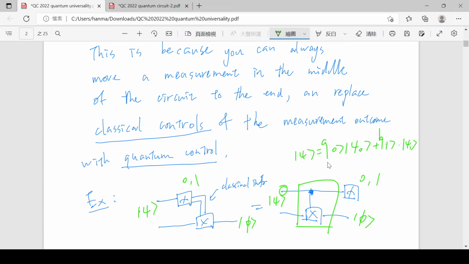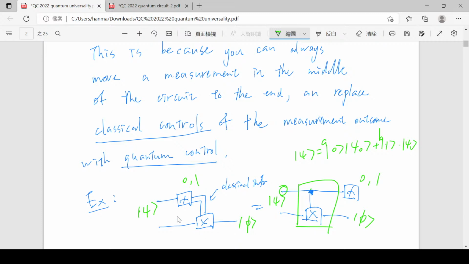You can see the probability of getting 0 is A squared, and the probability of getting 1 is B squared. Same here, and so on. But anyway, that's the principle of deferred measurement.